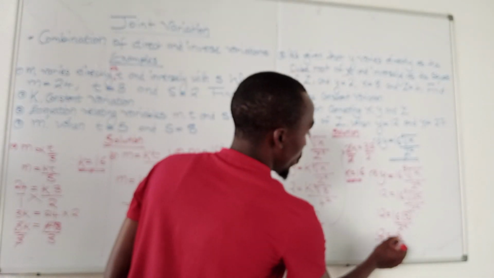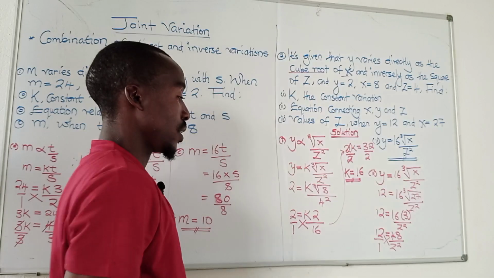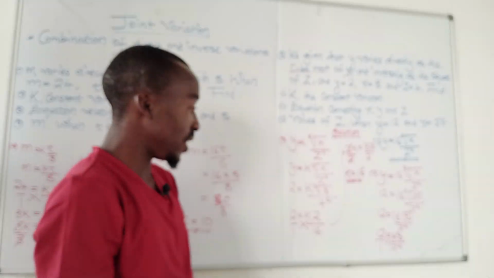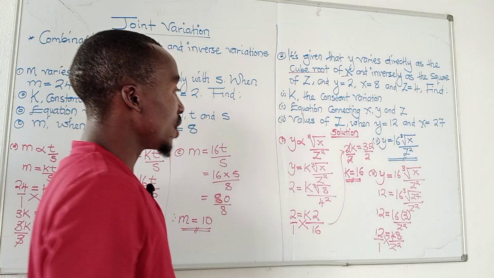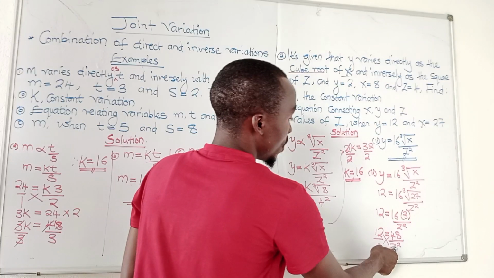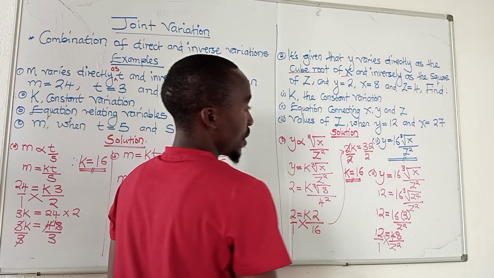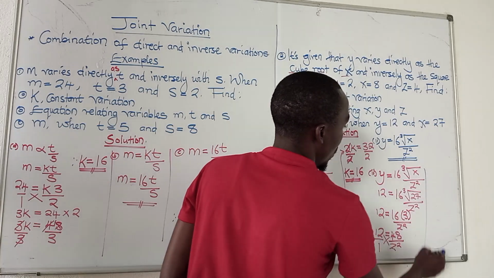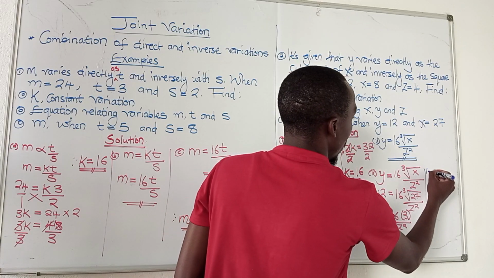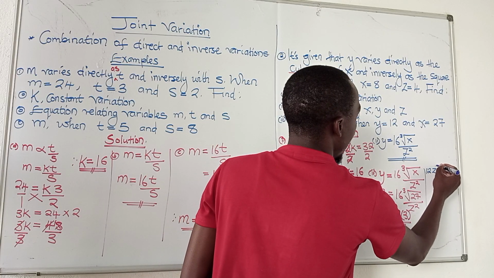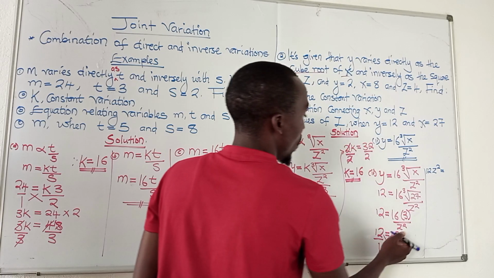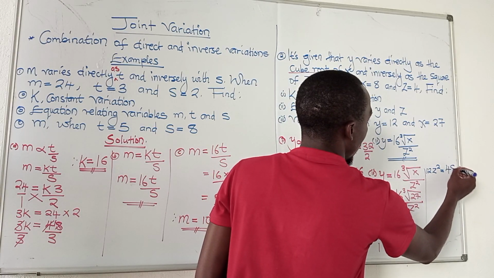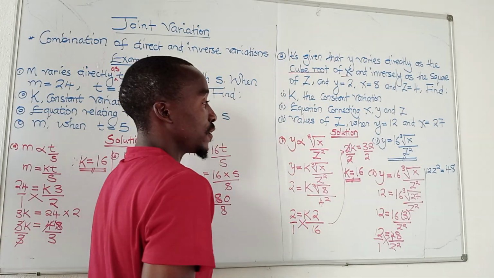When we reach there, we cross multiply. I hope that you are seeing what is happening here. We cross multiply. So this will be 12 times z squared. It will give us 12z squared equals 1 times 48, it will give us 48, like that.